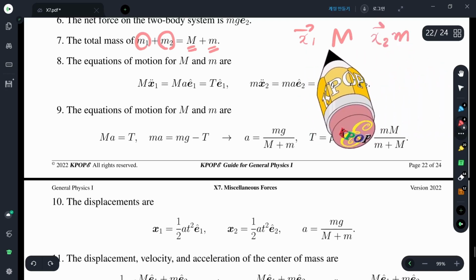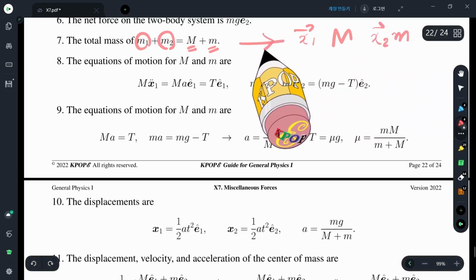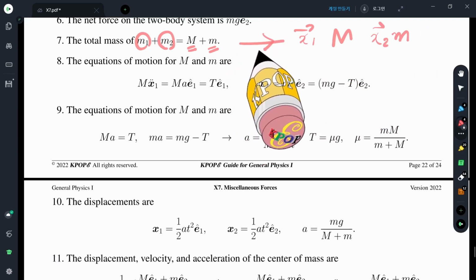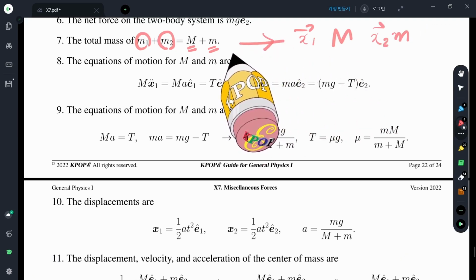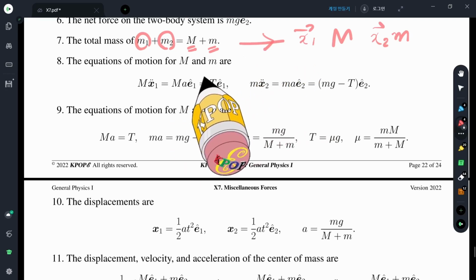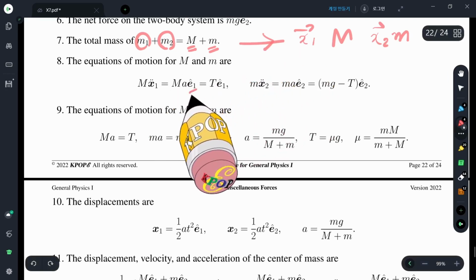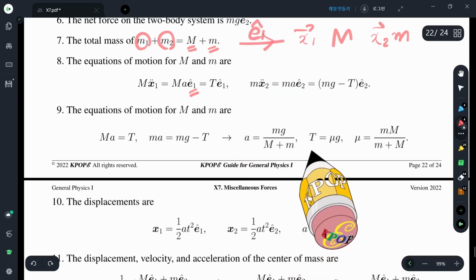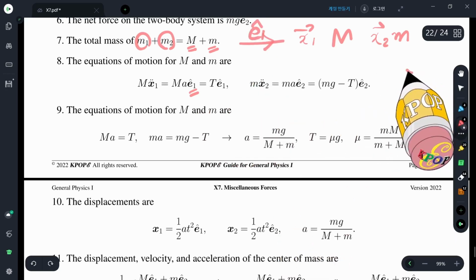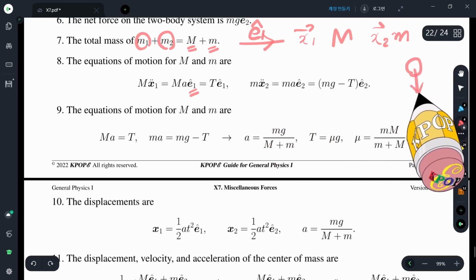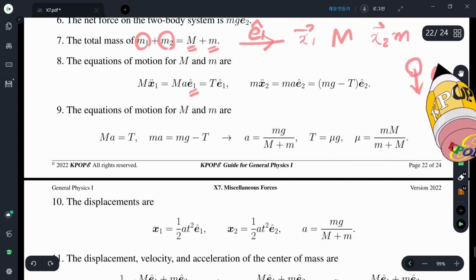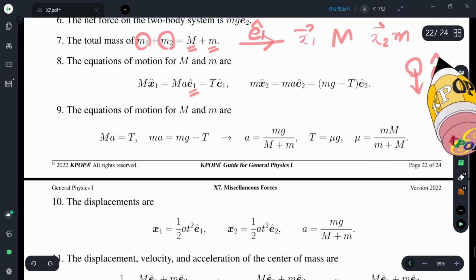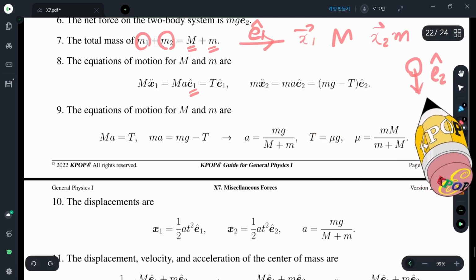And x1 is moving parallel to the floor, the shelf, that is E1. And we have another mass that is going down. Let me choose the unit Cartesian basis vector to be E2.